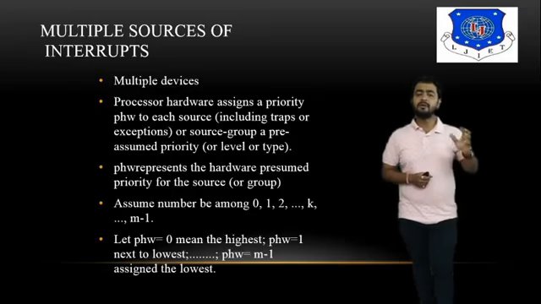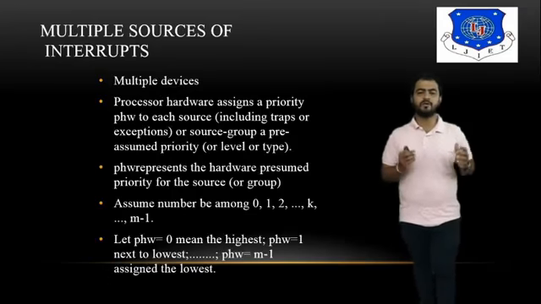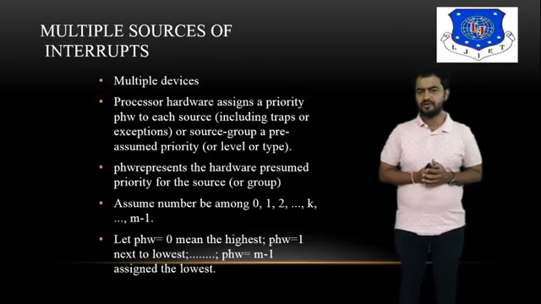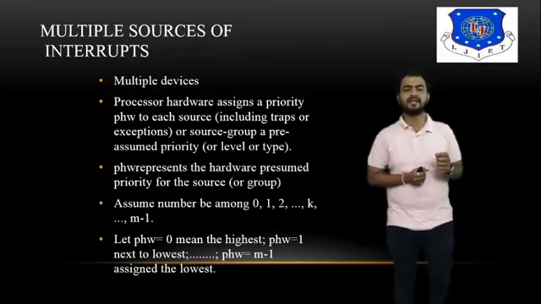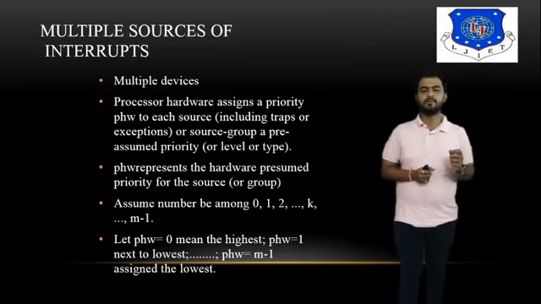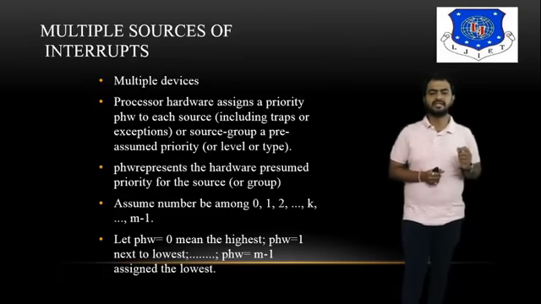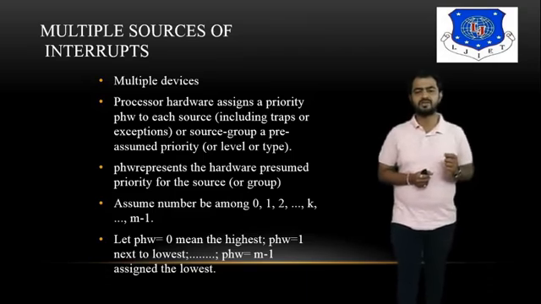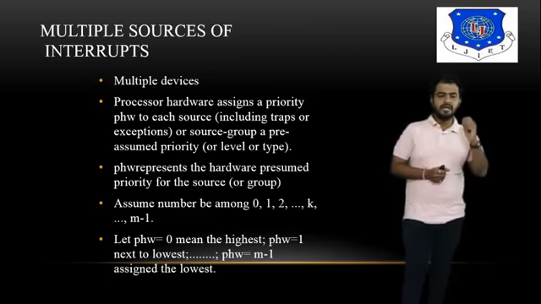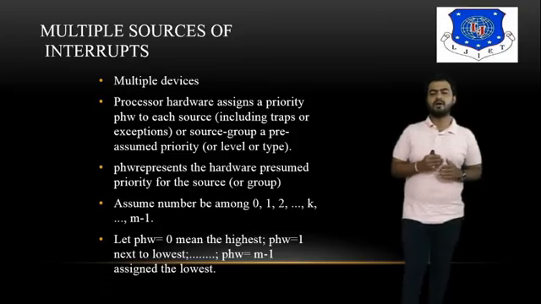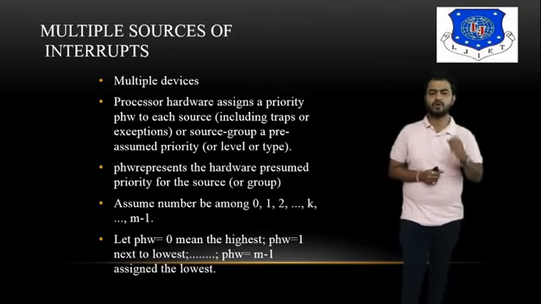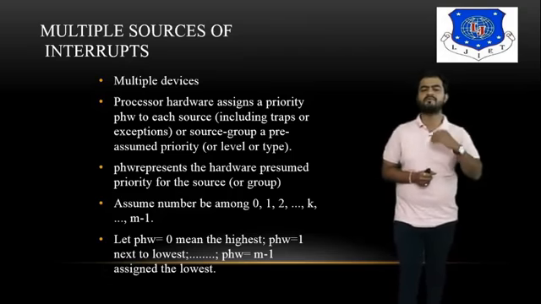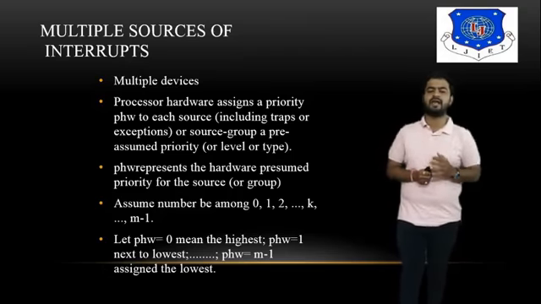Now, if you are talking about multiple interrupt sources, meaning you have to deal with multiple data at a time, so you have to deal with multiple devices. The processor hardware assigns a priority PHW to each source, including the trap or exceptions, or source group, with pre-assumed priorities or levels at a time. PHW represents the hardware presumed priority for the source or group and takes numbers from 0, 1, 2, 3 up to m minus 1.